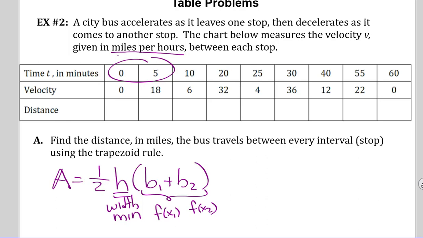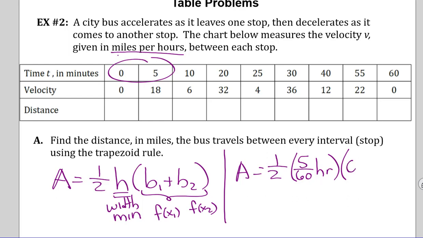Okay, so for example, if we want to do it for 0 to 5, then we're going to have an area that's 1/2. My height, or really the width, is going to be 5/60. Okay, and the units would be hours, right? And then we're going to multiply that by the sum of the velocities. So 0 plus 18.